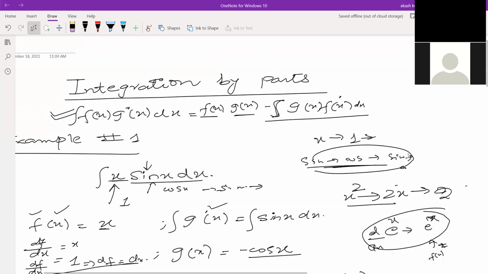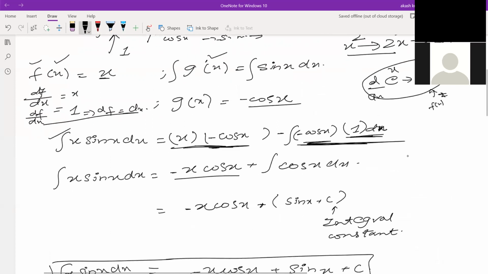Like in example number one, when we applied the integration by parts formula for the first time, we got this. And then we took the integral of cos x, which becomes sin x. So we applied the integration techniques twice: once by using the integration by parts method, and then again a formula, which was for cos x.